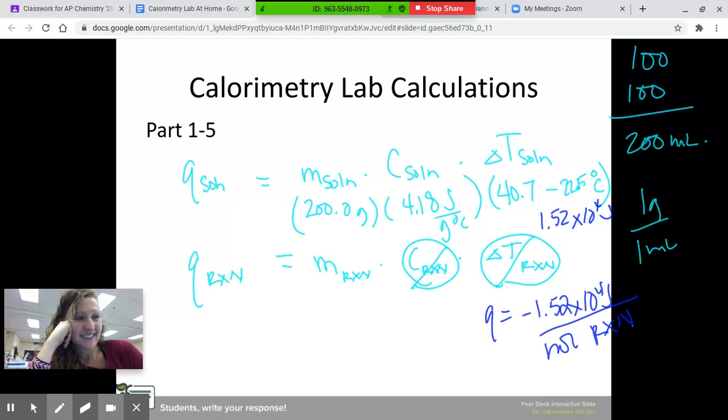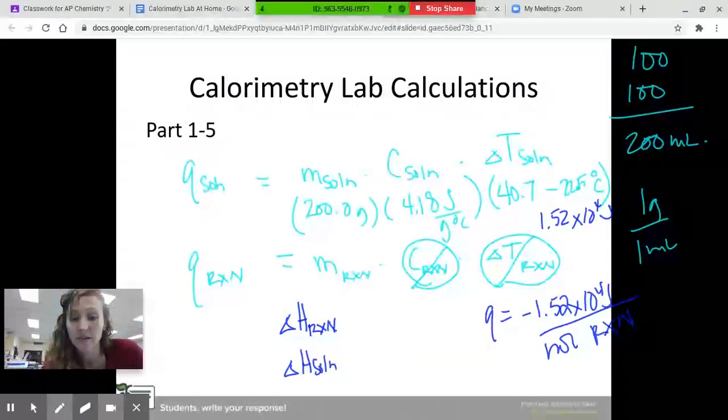So you were talking about, maybe I missed it, but enthalpy and having to use the moles of the reaction. Why for enthalpy do we use the moles of the reaction? Well, if you use the moles of the reaction, you will find enthalpy of the reaction. If you use moles of the solution, you will find enthalpy of the solution.